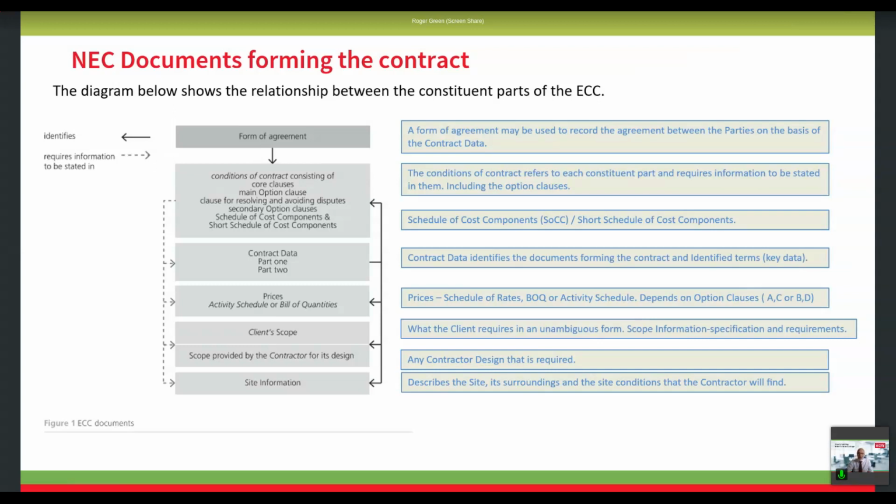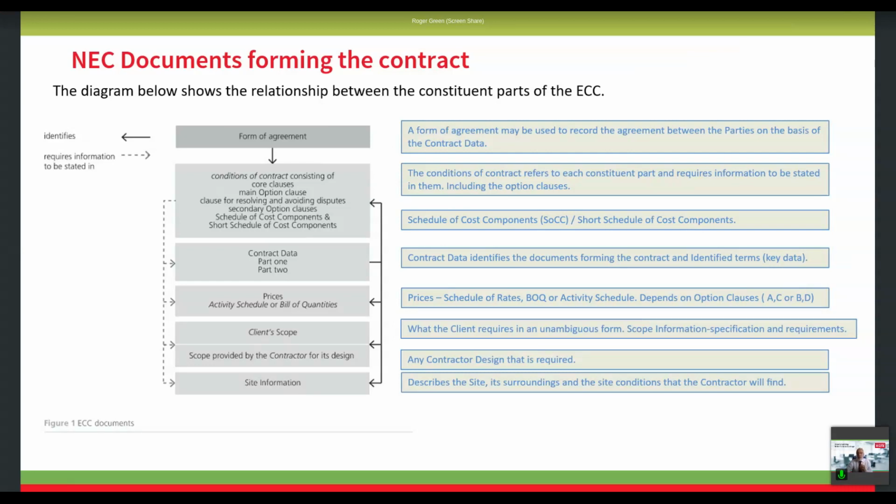We have main option clauses, which is what we were referring to earlier, with our option E being the main, but perhaps an option C. We then have the clauses for resolving disputes, so these are around options under W's and so on. We then have a schedule of cost components, which is either a long or a short schedule of components, and we'll go into that in a bit.